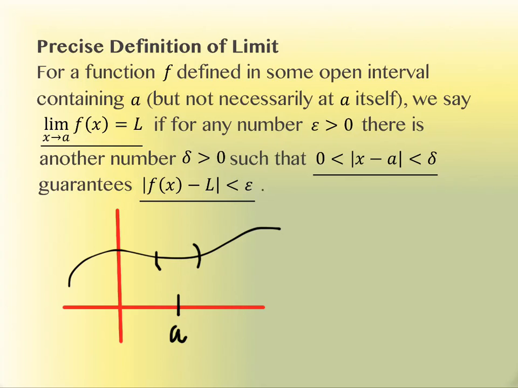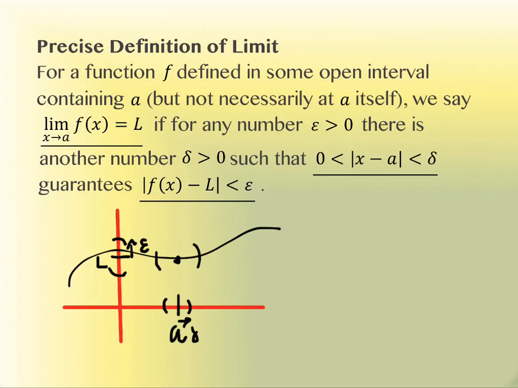Then we can say that the limit value of the function equals L. Here's my L. If for any epsilon greater than 0, so any epsilon I pick in here, any distance here that I pick, epsilon, then it corresponds over here to another distance right here, delta.